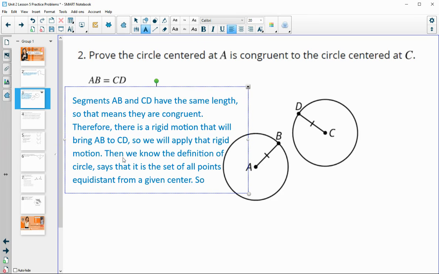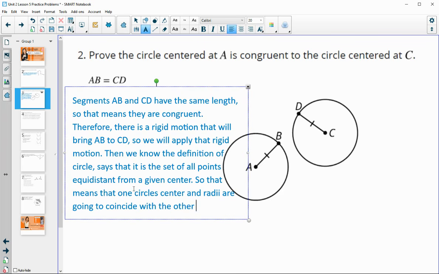So now if we know that the circle is the set of all points equidistant from the center, and we know that these two radii are the same, that means that one circle's center and radii are going to coincide with the other circle's center and radii.